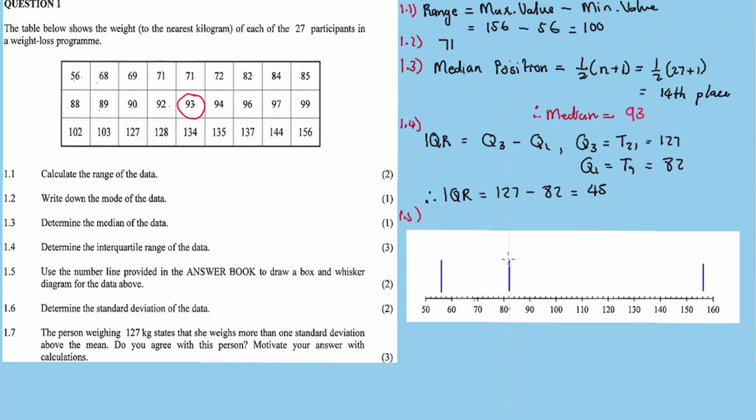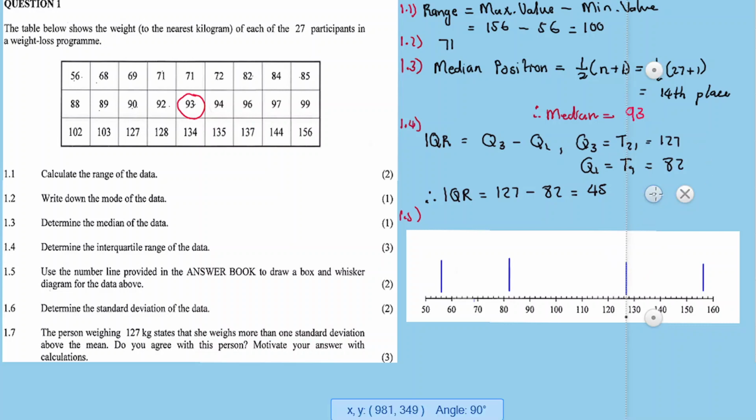Here's 82. And then we want Q3, 127. 122, 124, 126, 127.